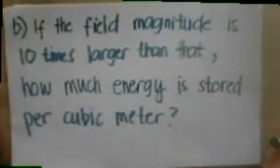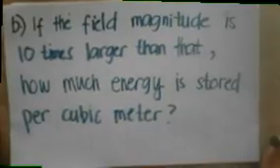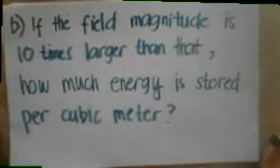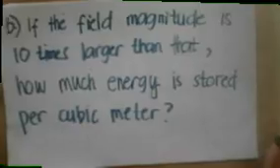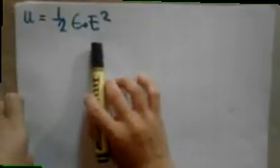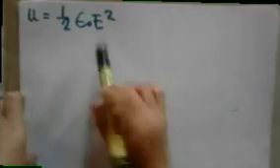If the field magnitude is 10 times larger than that, how much energy is stored per cubic meter? From our equation 11, we can see that u is proportional to E squared. So if E increases by a factor of 10, then u increases by a factor of 10 squared, which equals 100.